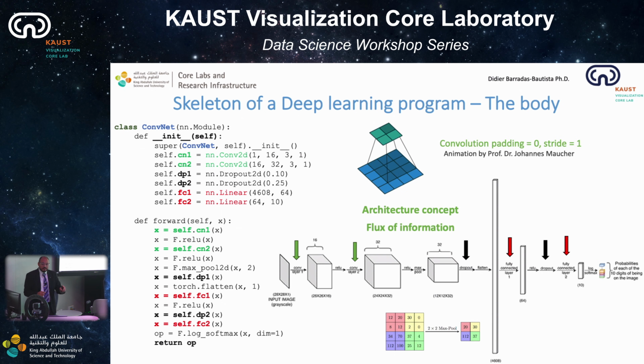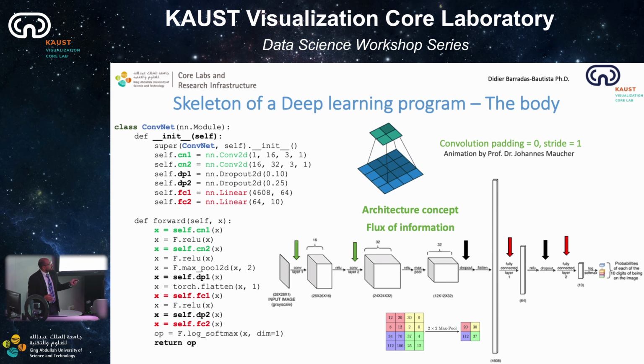There are 2 parts. First is the bones. In this part, you will always find def, that's just init, self. And here is a list of what you want to use. And then the def forward, which is the second part here, is the flux of information. So there is how you want the information to be treated.